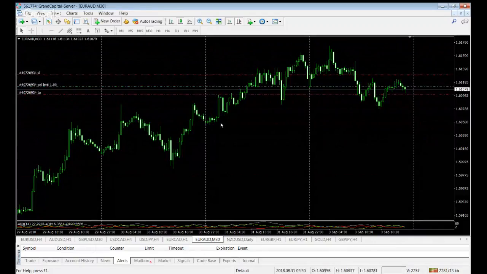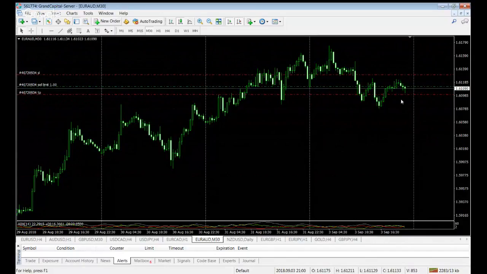So here we go. This is our sell limit order. Here's our take profit. We assume that if this market turns back here and hits our stop loss, the market should be coming down. If for any reason the market refuses to come down, it means that you will be running at a loss. So you must be able to do a proper calculation when you are using sell limit.